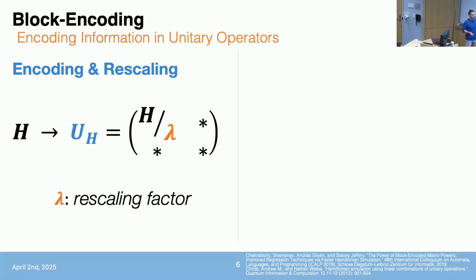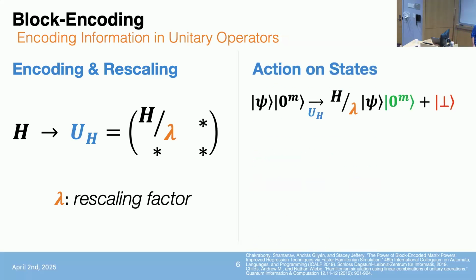So we basically have to scale H such that all the elements of H are less than 1. That's the usual constraint that we use. And we call this lambda the rescaling factor. And typically we want to keep this rescaling factor as low as possible because there's some overhead that we introduce when we rescale those matrix elements.